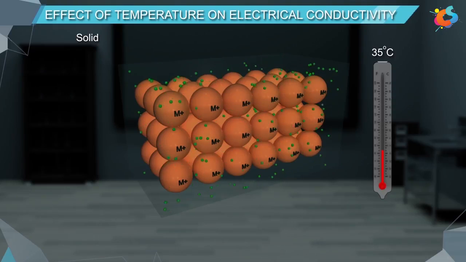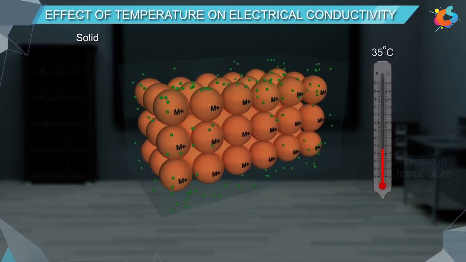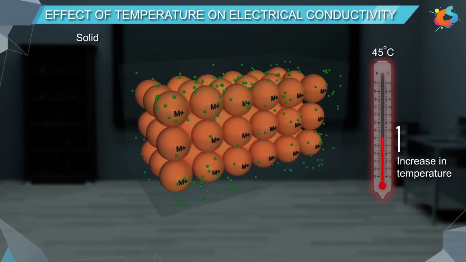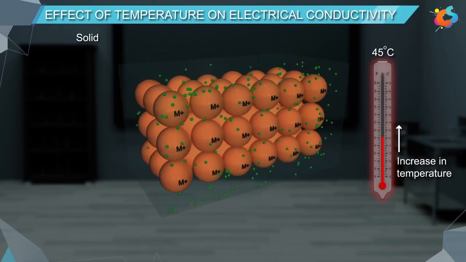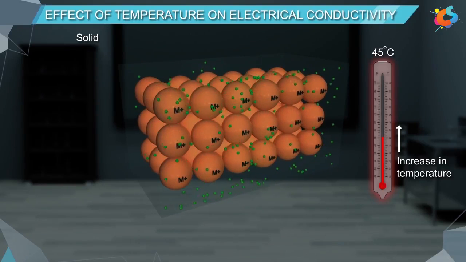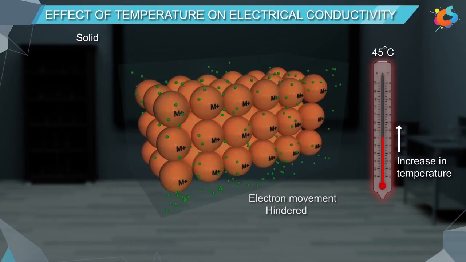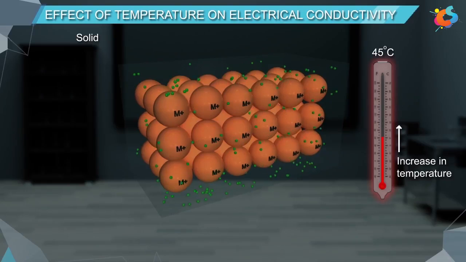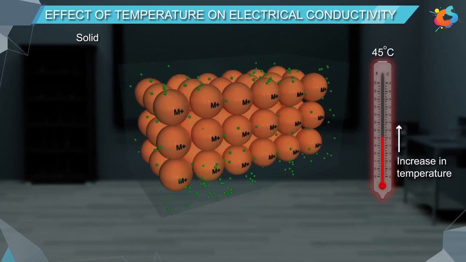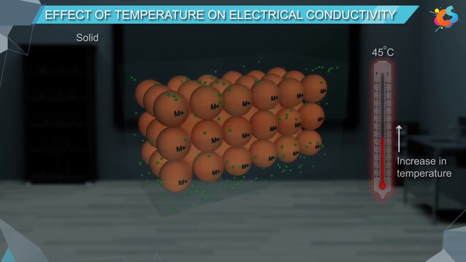However, the metal ions are fixed in position and can only vibrate. When a metal is heated, the metal ions start vibrating more vigorously, and as a result, motion of the valence electrons through the crystal is hindered. Thus, electrical conductivity of metals decreases with increase in temperature.